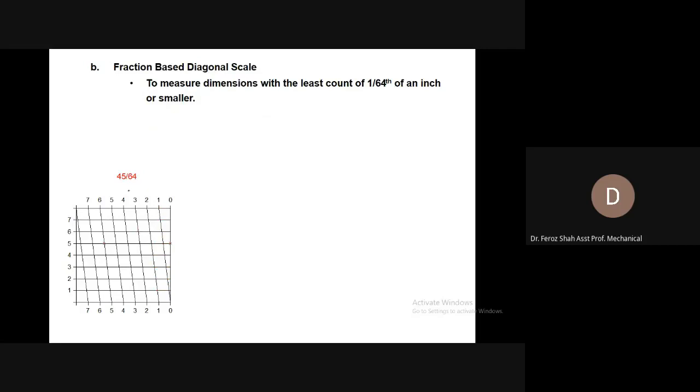Now, if you want to measure 45 by 64, as I have told you, this one division is 1 by 8.